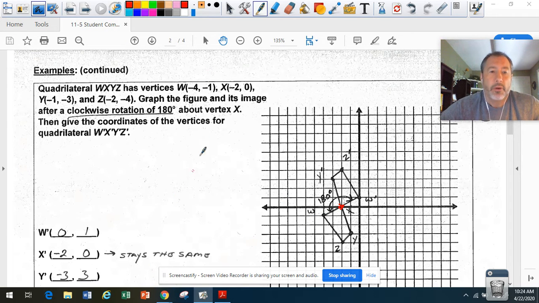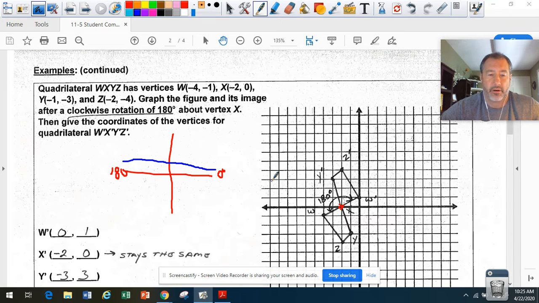Now, remember what we said: if this is 0 degrees here, and this is 180 degrees here, as you see, these are basically directly across from one another. So we're not doing a complete rotation, just half of a complete rotation over to 180 degrees.